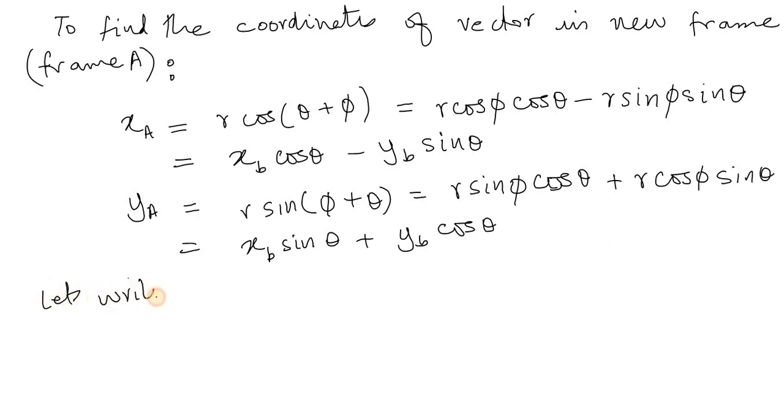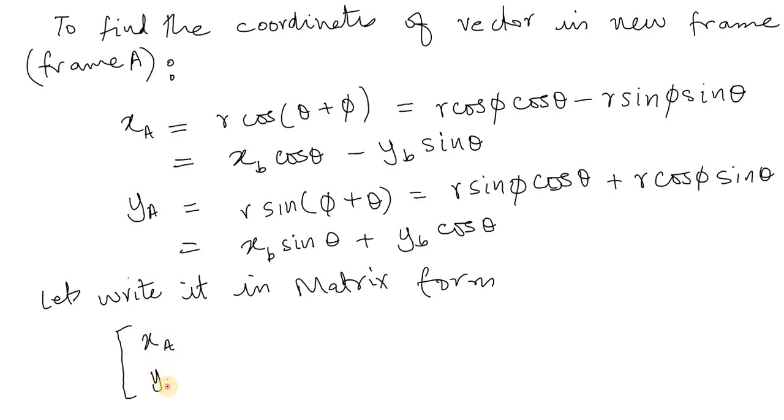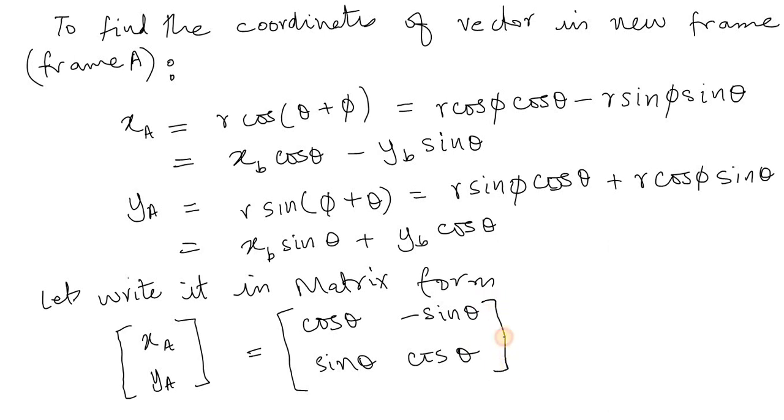So let's write it in matrix form. We can write xa, ya is equal to cosine theta, minus sine theta, sine theta and cosine theta, times xb, yb.